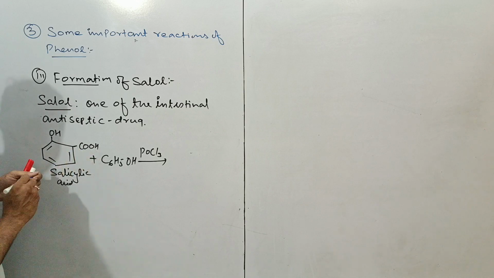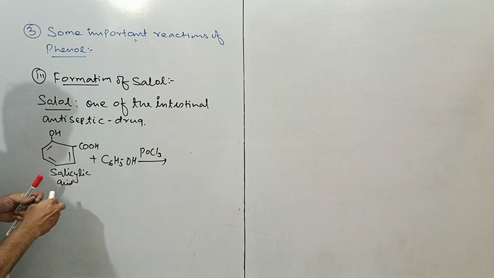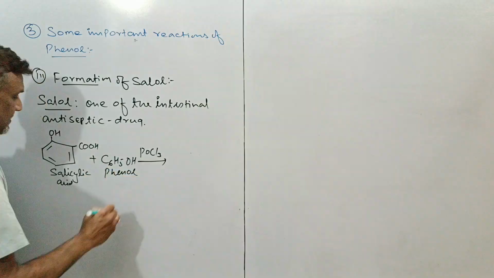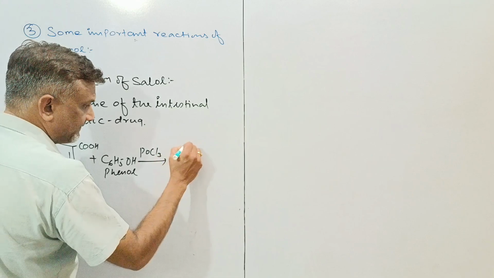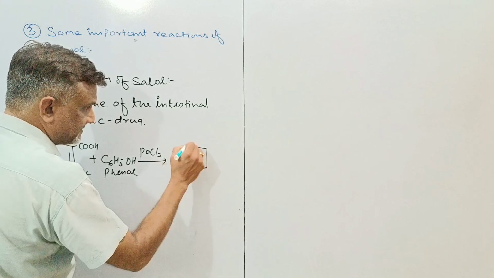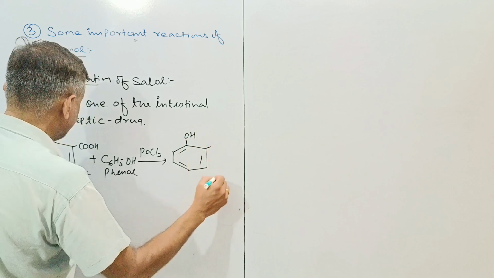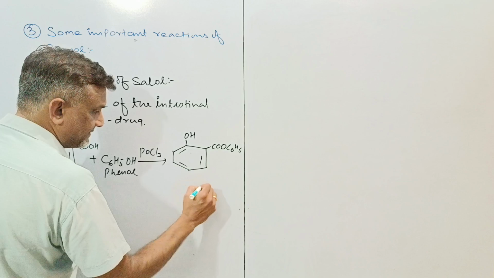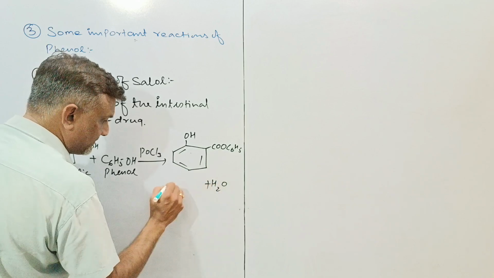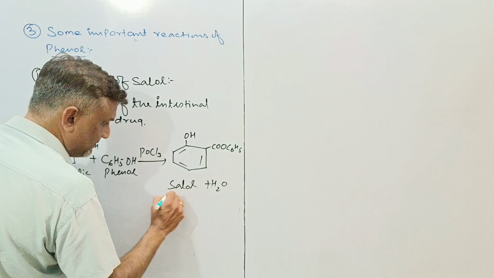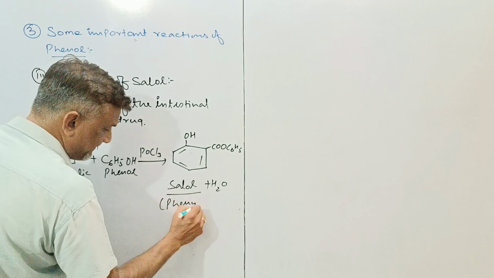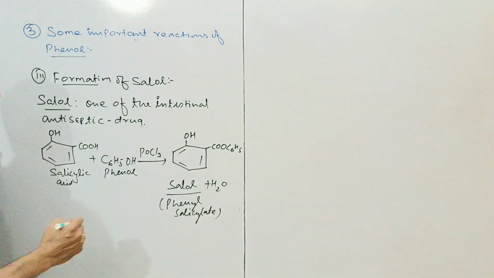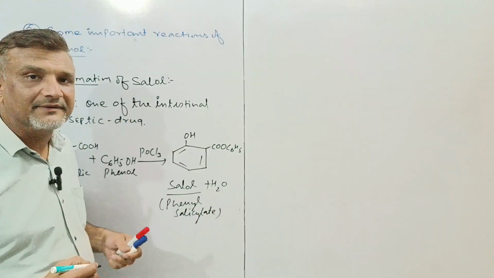From here it will be removal of OH, and from the phenol it will be removal of the H. So here will be formation of, like this, OH. This is the COO C6H5 with the removal of H2O. This is called as salol, phenyl salicylate, as a intestinal antiseptic drug.